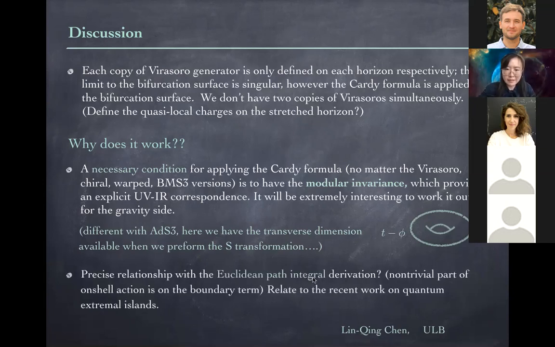And then it immediately leads to the question: what's the precise relation with the Euclidean path integral derivation? So in the original Gibbons-Hawking Euclidean path integral derivation, the non-trivial part of the partition function is concentrated on the boundary term.